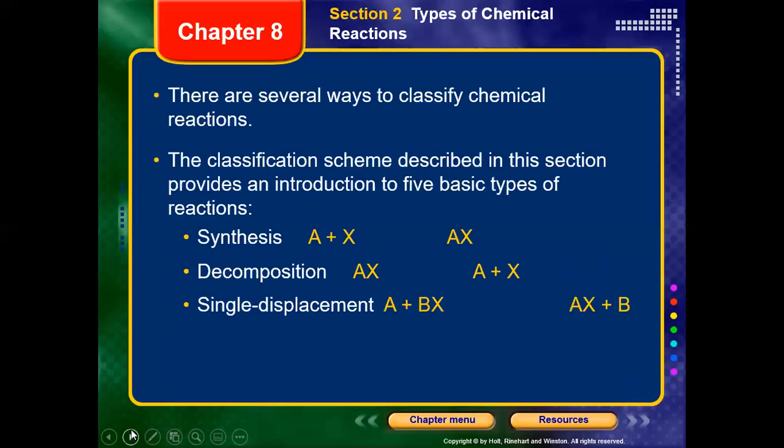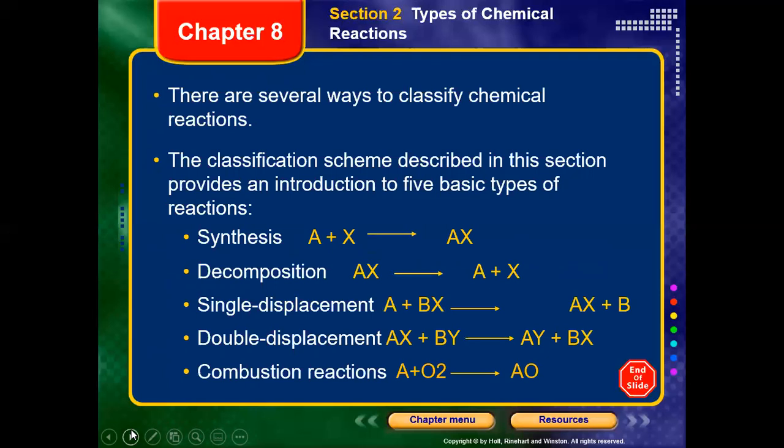The general forms of the different types of chemical reactions are as mentioned here. A synthesis reaction is when an element reacts with another element producing one compound, or one compound reacts with another compound producing a new compound. So 2 reactants, 1 product is a synthesis reaction.